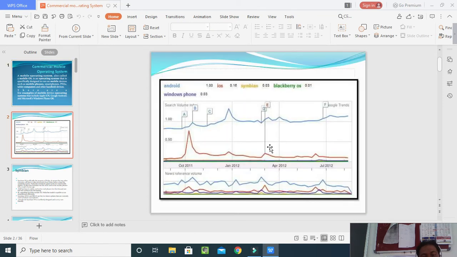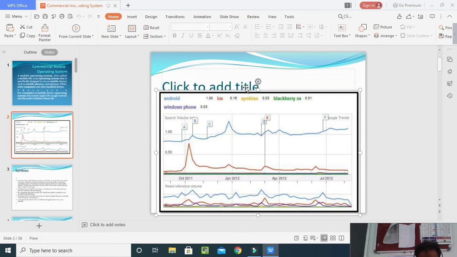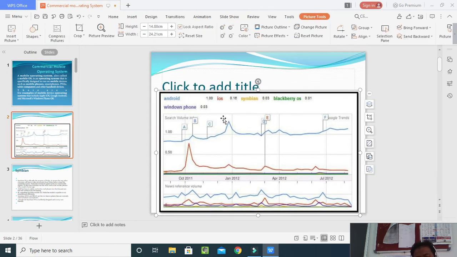Now, in the picture we have Android in blue, iOS in maroon, Symbian in violet, BlackBerry in green, and Windows Phone again in purple. In the pie chart, nowadays everyone is using the Android operating system, so it is in very high demand.